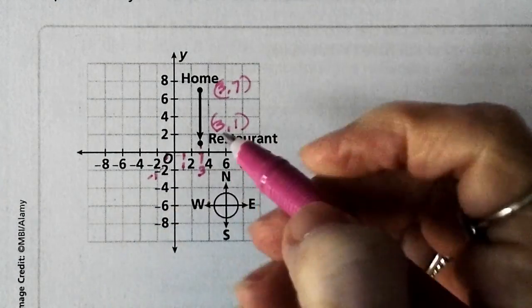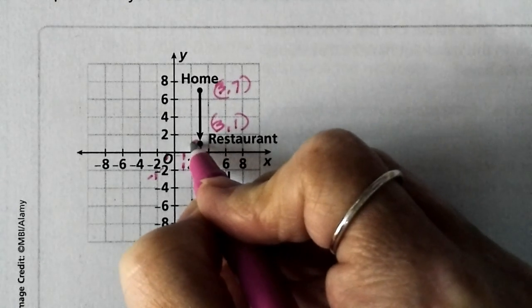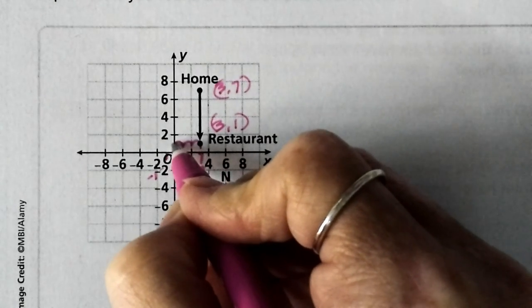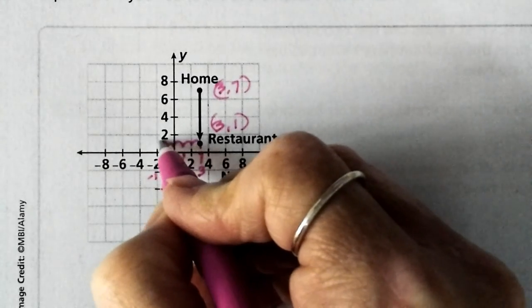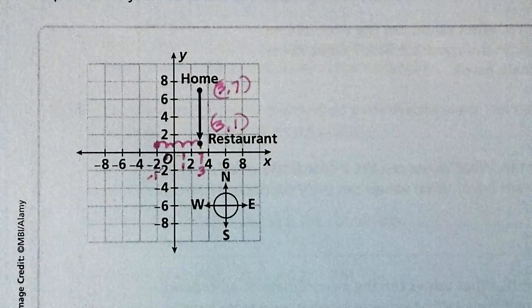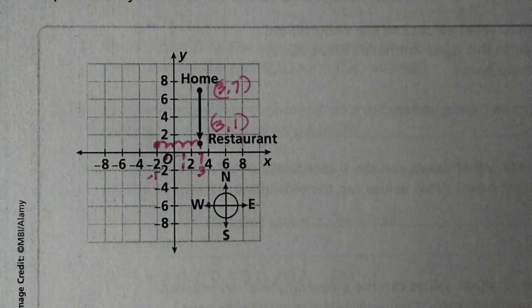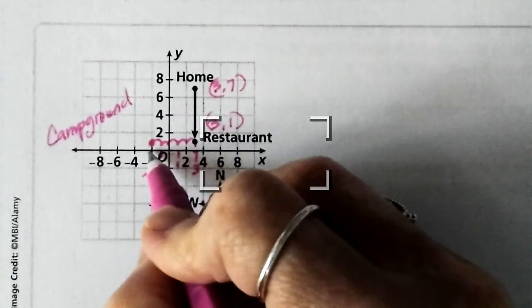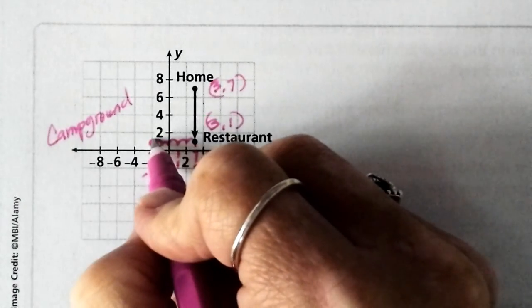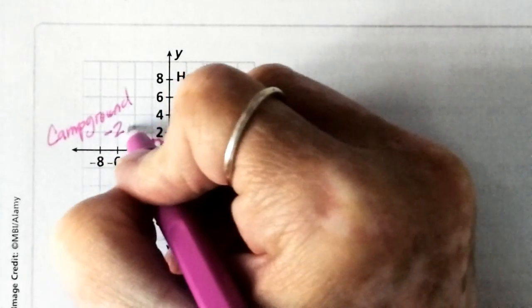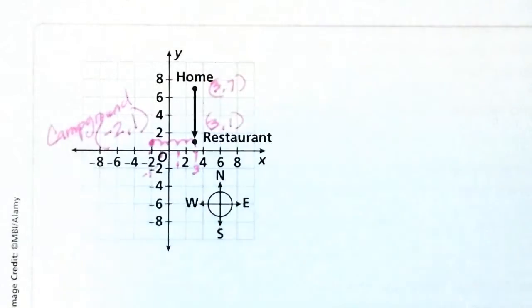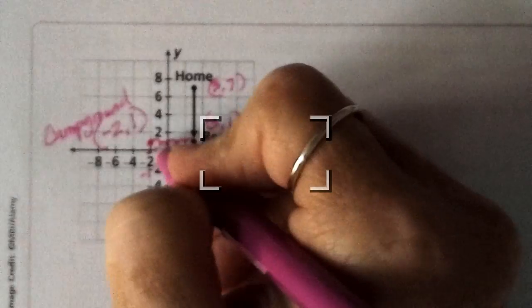So we're going to count 5 spaces: 1, 2, 3, 4, 5. So it puts me right there. So that point is the campground, and it is at point (-2, 1).